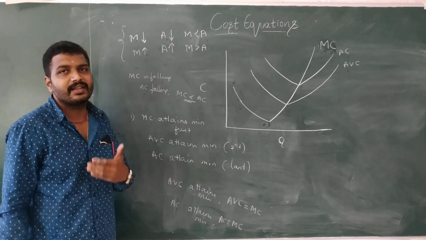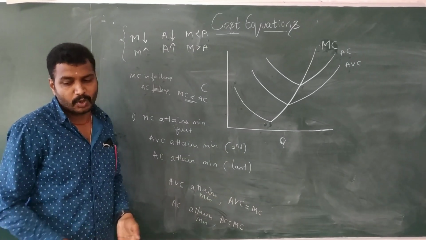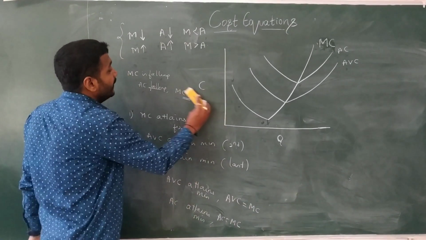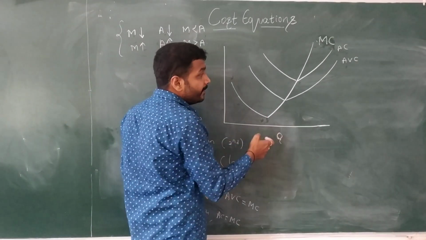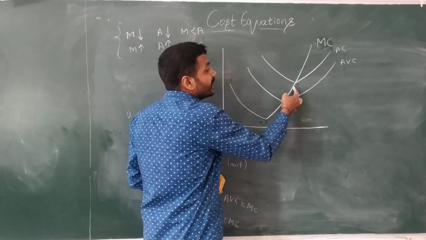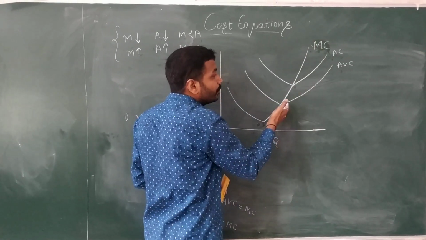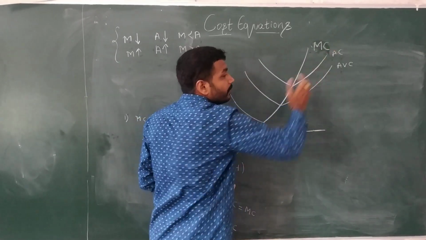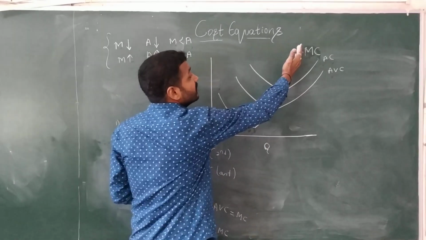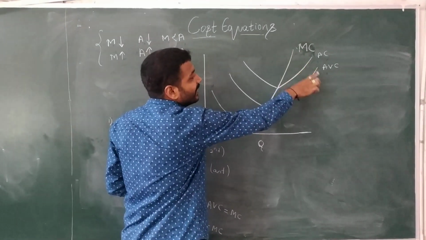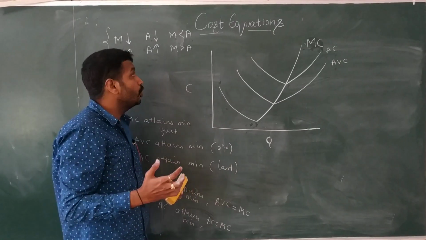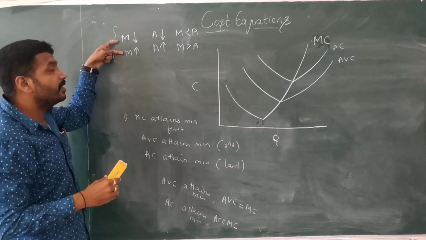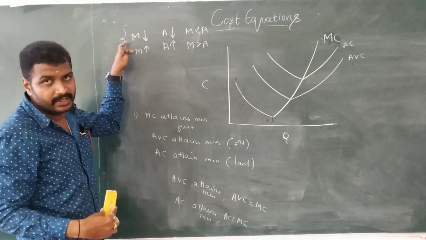That used to be the answer you need to remember. Similarly, you need to understand one more thing. When MC is rising, no doubt ABC and AC will also be rising, but MC used to be more than AC and ABC. Is it not? That you need to remember. So these two conditions hold good here.